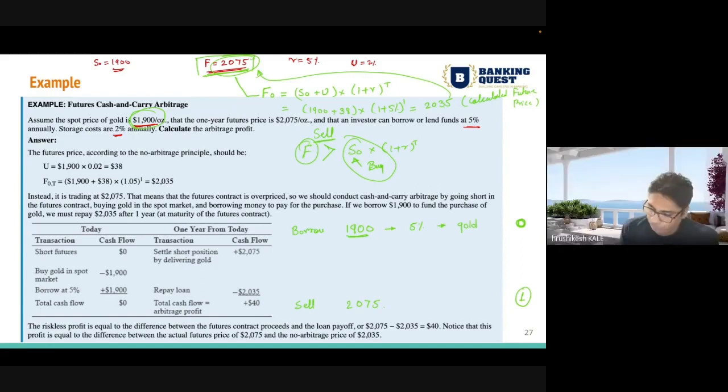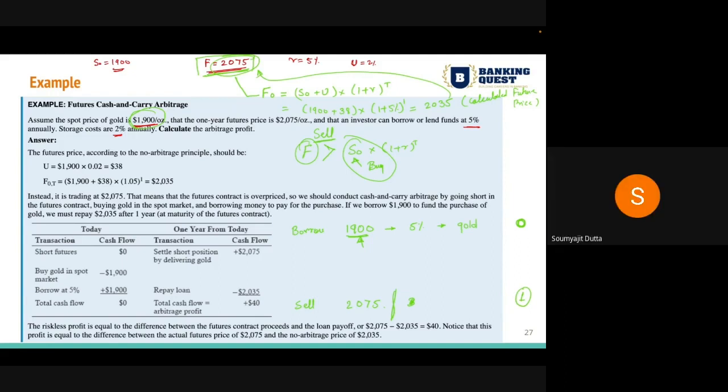Correct. After 1 year, I will have to pay the interest also on 1900. So how much is the interest? 1900 into 5%, that is 95.